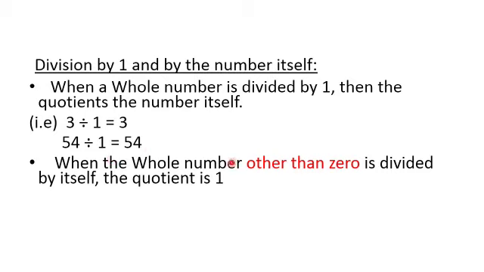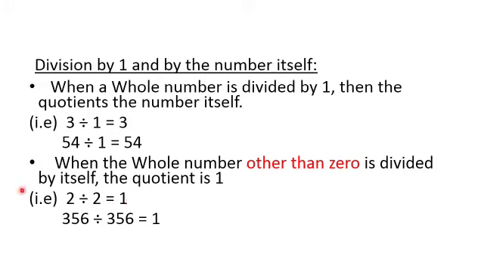When a whole number other than 0 is divided by itself, the quotient will be 1. If I take 2, 2 divided by 2 will give your answer as 1.